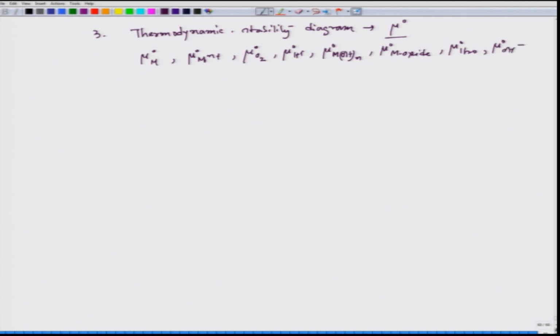Are we missing anything? So, metal, metal ion, oxygen, hydrogen plus, metal hydroxide, metal oxide, H2O, OH minus, and of course, H2.